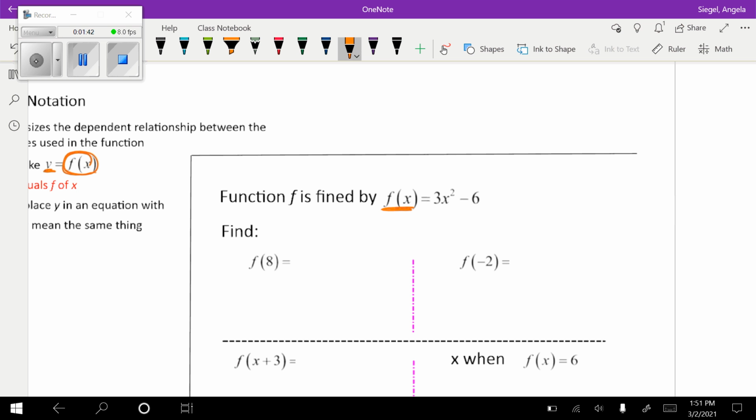So for example, f of 8, what I'm doing is plugging 8 in here and here. So f of 8 equals, and I'm just going to evaluate 8 for the function. I'm going to plug in 8 for x and set it up like this. And then just type it in my calculator or do the math and see what you get.